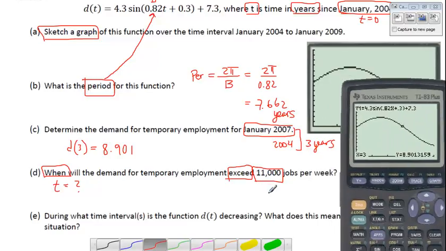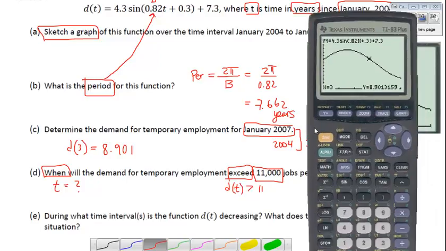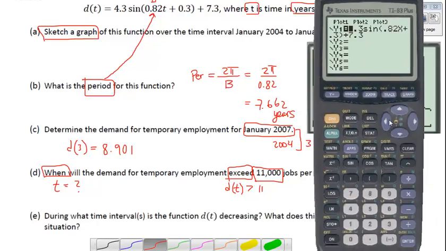The units are in thousands, so I'm really just looking for when d of t is greater than 11. So if I hit graph, let's hit 11. This is going to occur on this interval, so I just need to find the intersection points, and that'll be my interval.